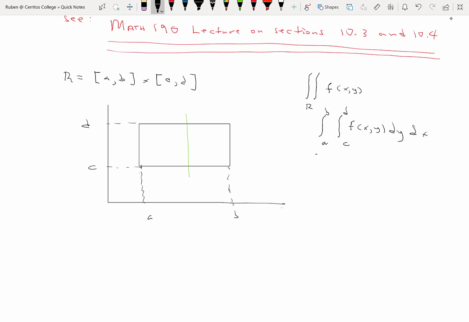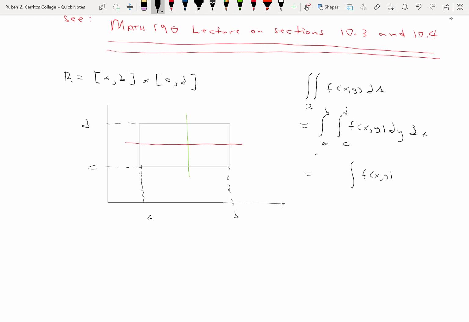So if we wanted to integrate first with respect to x, we would maybe consider another line through the region, but in the x direction, and we would put the function into the integral.